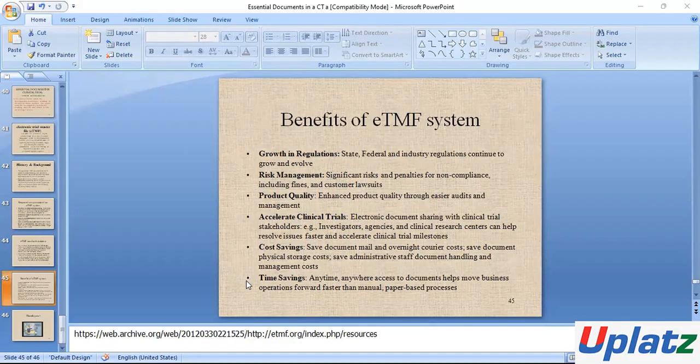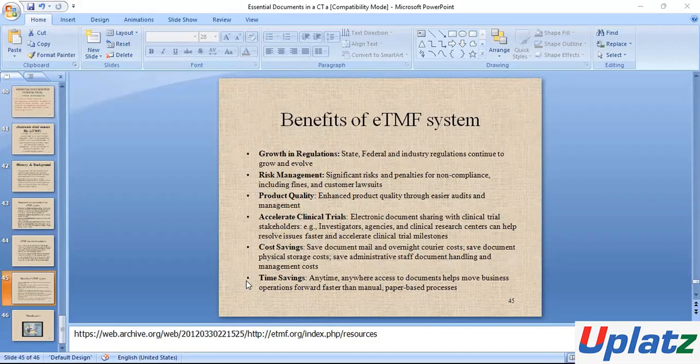So just to give an example, we have a lot of eTMF providers, and there will be separate teams there to check the quality of data.